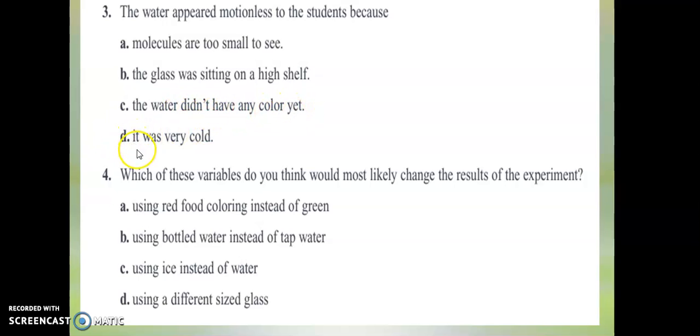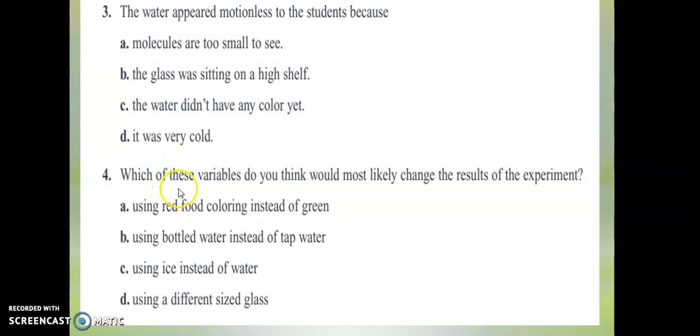And option D, it was very cold. Again, the water appeared motionless to the students because molecules are too small to see. You know the answer, right?